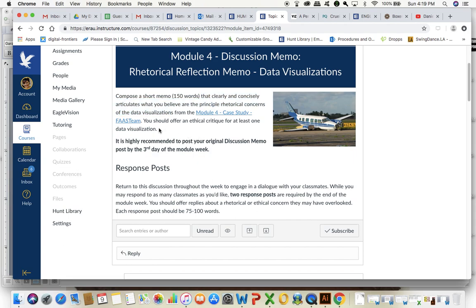It's like a two-part memo, so I would probably split it into at least two sections: the memo, and then an ethical critique of at least one data visualization. From those three visualizations in the case study, you're first going to talk about all three of them, what the principal rhetorical concerns of them are, and then choose one and offer an ethical critique of it.